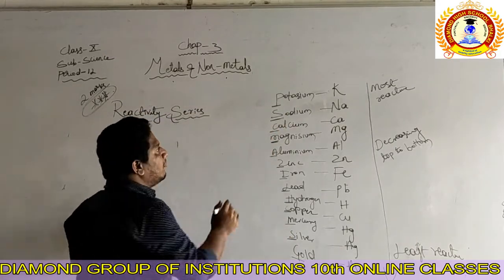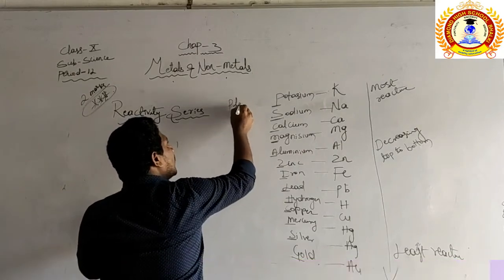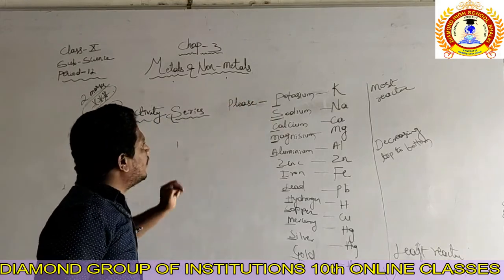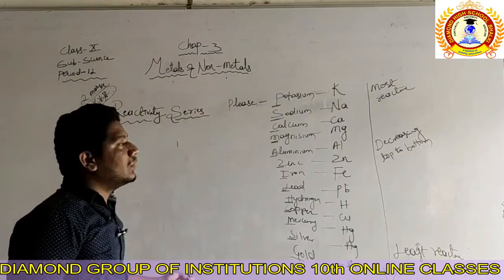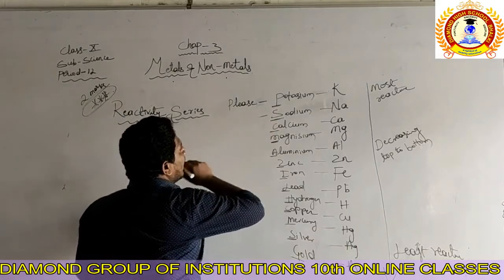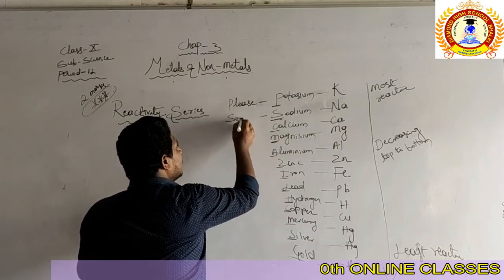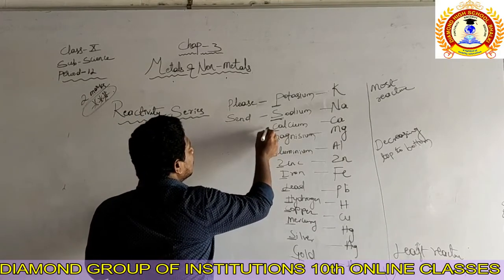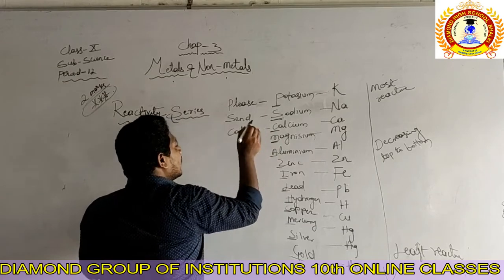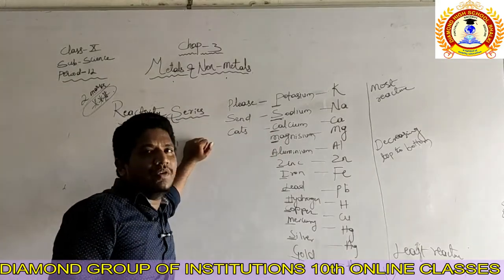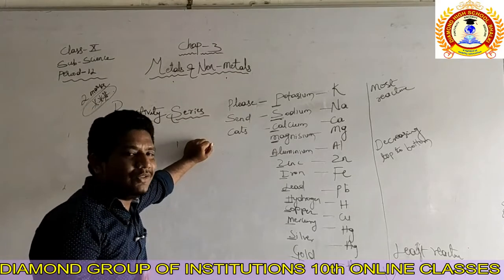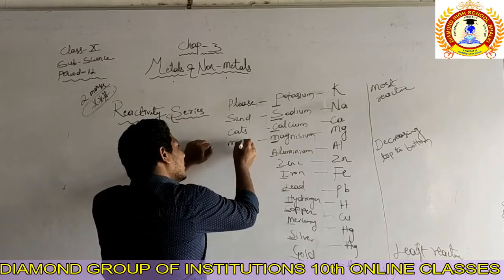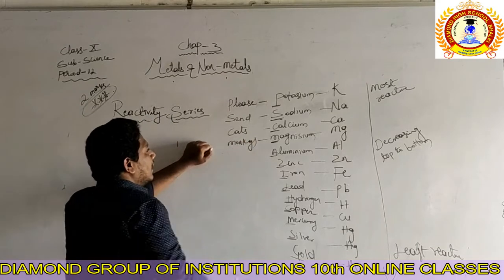P I will refer to as please. It's a trick, not written in the book, so don't look for it in the book. It's a trick to remember. S refers to send. C means cats, like A for apple, B for ball, C for cat. M refers to monkeys.